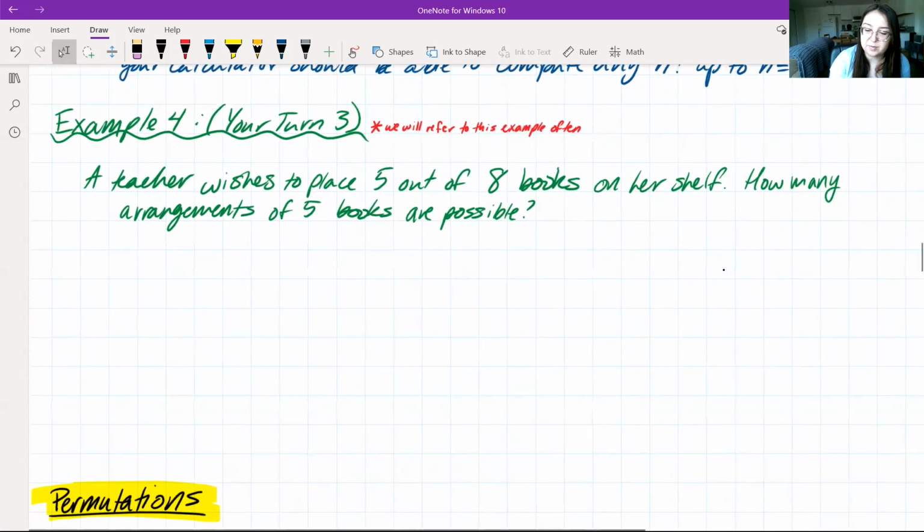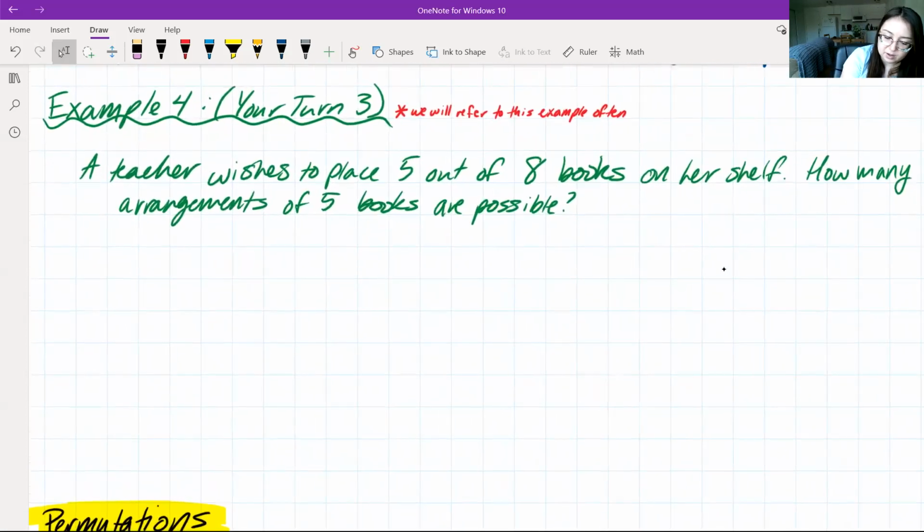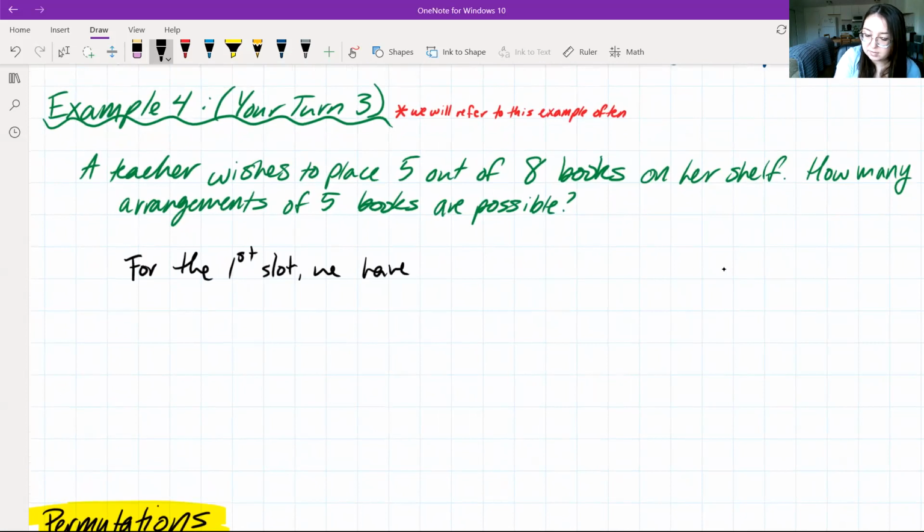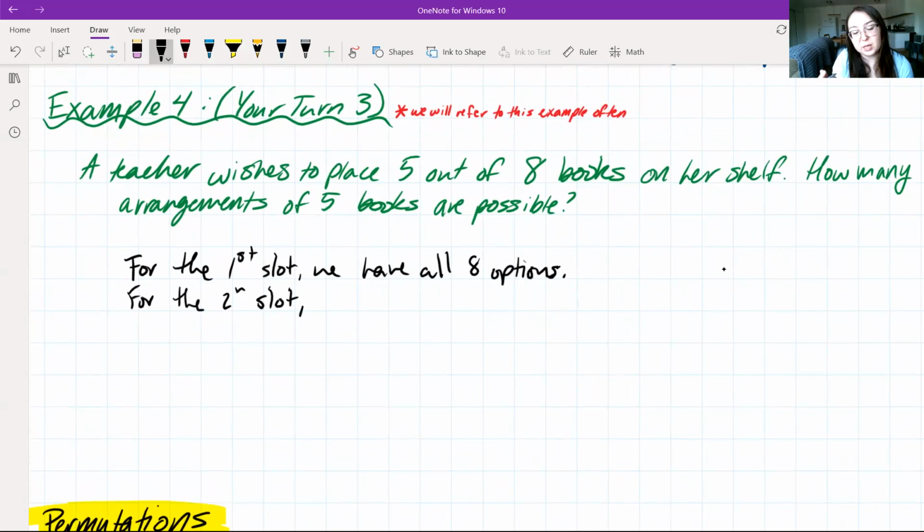So we know that for the first slot, we have all 8 options. For the second, we have 1 less option because we chose one, so now we have 7 options.